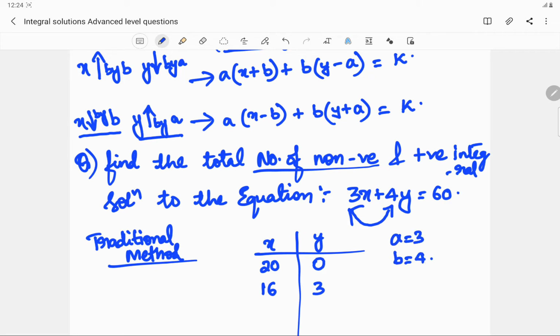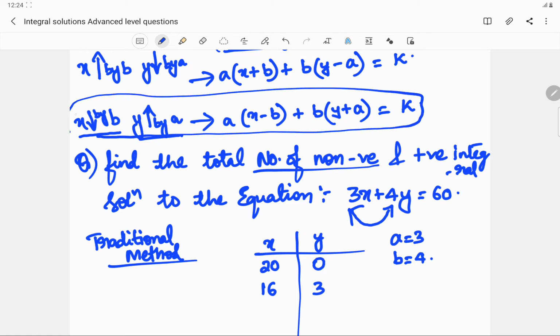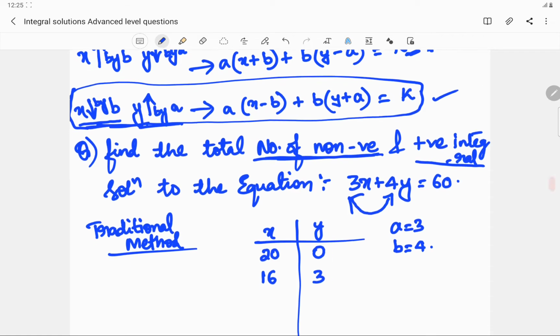That is the usefulness of this key point. But why didn't we use the first key point? Because we started with y as 0. If we decrease y by 3, that means 0 minus 3, we get minus 3. We are only interested in finding the non-negative and positive integral solutions. That is the reason we haven't taken this point. We have taken only this key point.